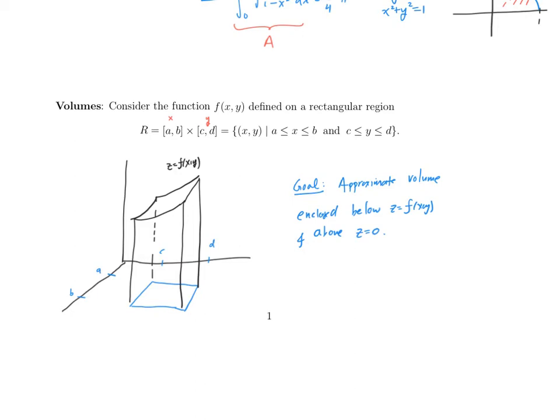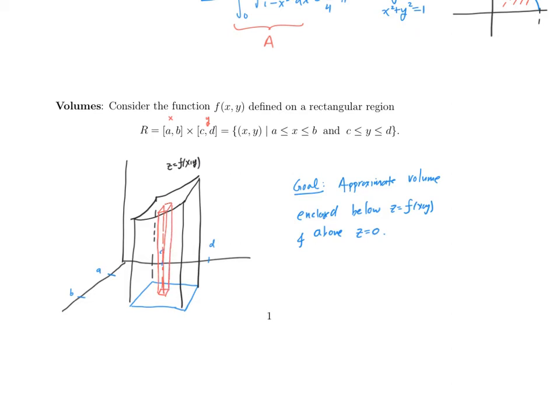And in a nutshell, let me give you the idea of how we go about this. We take our rectangular region, [a,b] times [c,d], and we break it up into a bunch of little subrectangles. And then the idea is on each one of these little subrectangles, we can draw something up to the surface, which would be a rectangular prism.